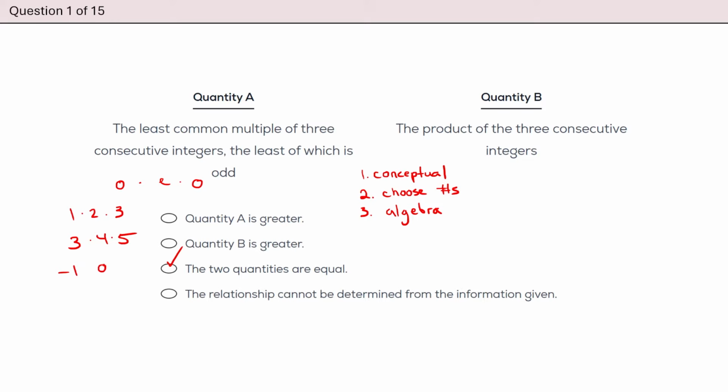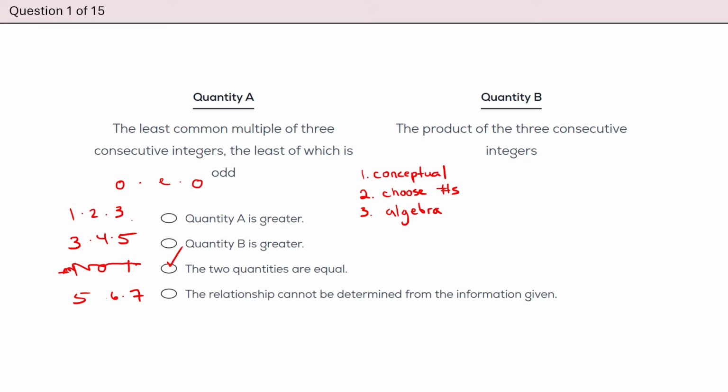So -1, 0, and 1. What is the LCM? The LCM is going to be 0. Well, I guess, does this even make sense when we use negative numbers? Yeah, maybe not. I don't think GRE is going to ask an LCM question with negative numbers. Yeah, so if you want to confirm it with 5, 6, and 7, you'll see that it all works out.